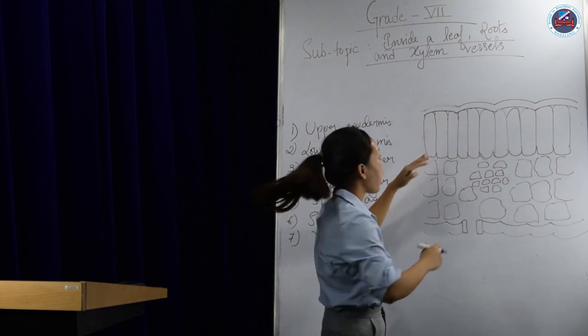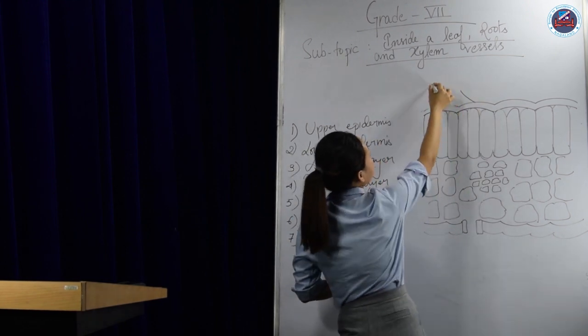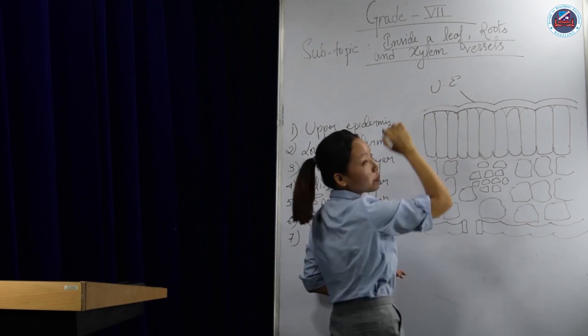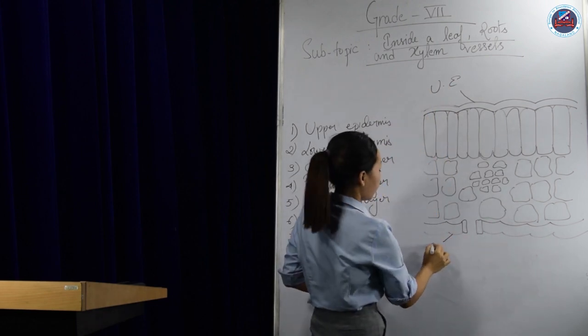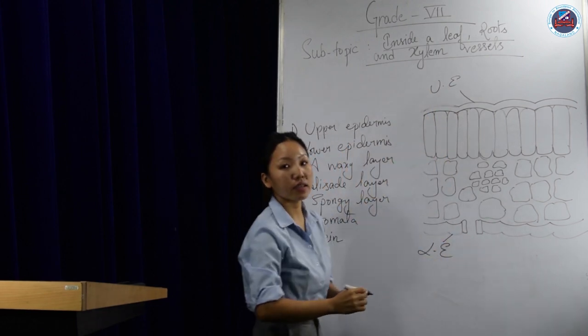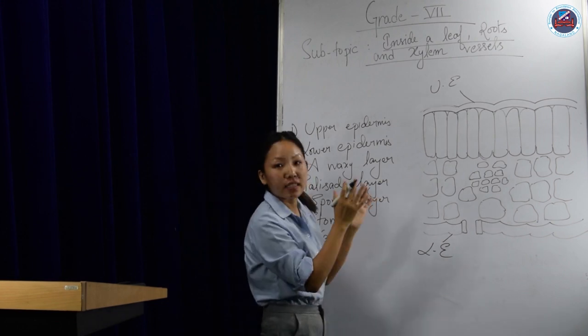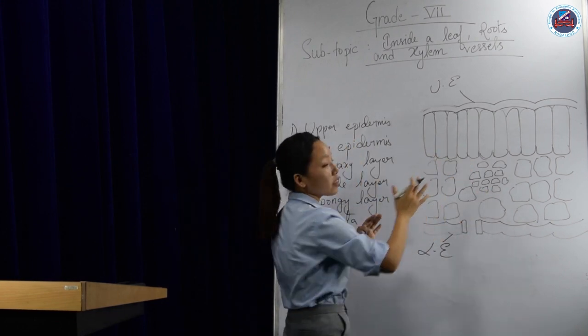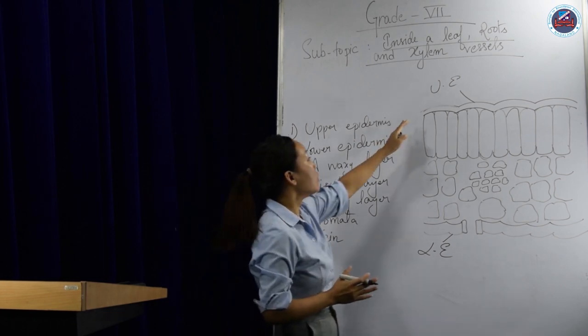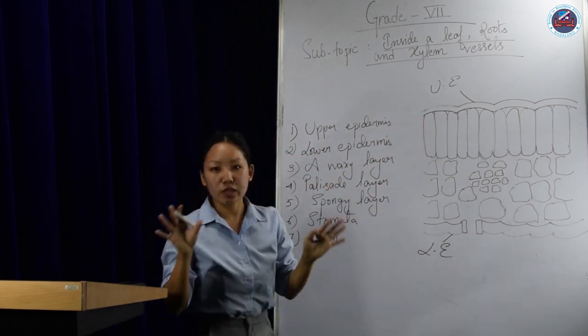The upper epidermis and the lower epidermis protects the cell inside the leaf. The upper epidermis is transparent.